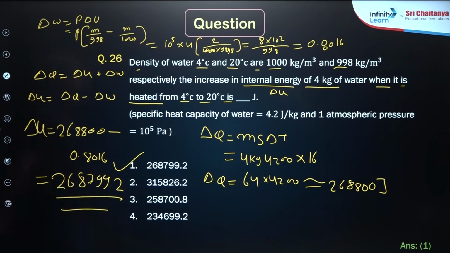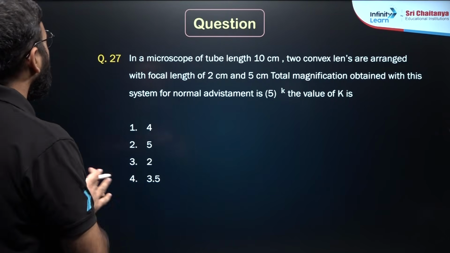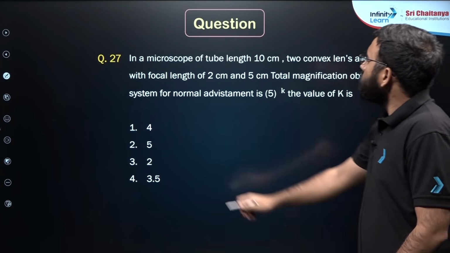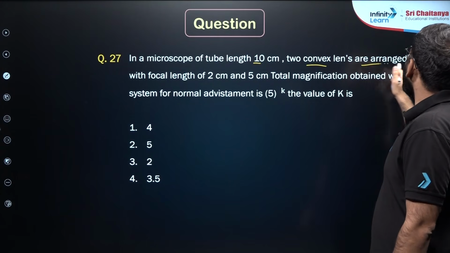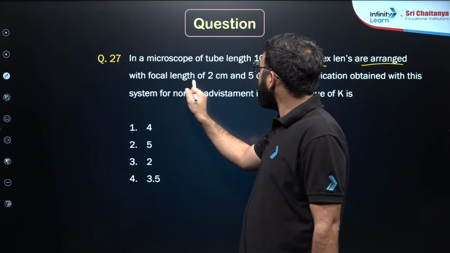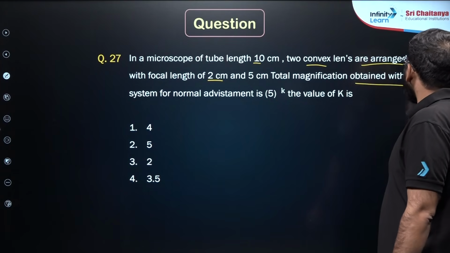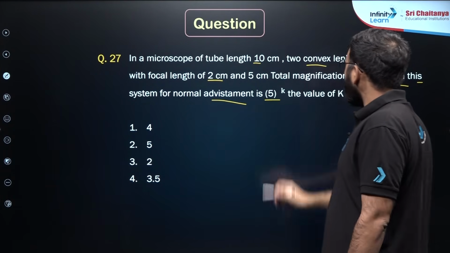So this is our first question for the JEE Mains. Okay beta, next one. In a microscope, the tube length is 10 centimeter. Two convex lenses are arranged with focal lengths of 2 centimeter and 5 centimeter. The total magnification obtained with this system is 5 power k.